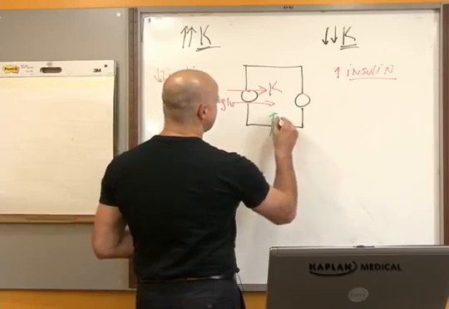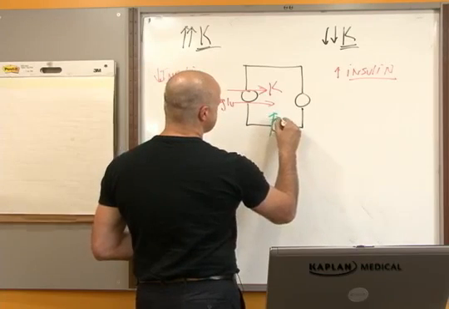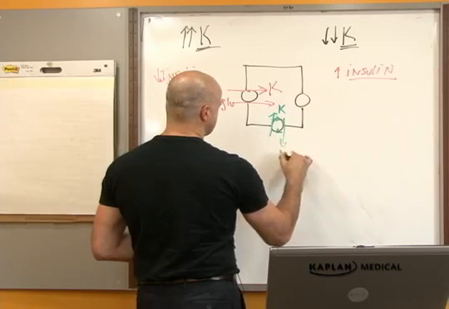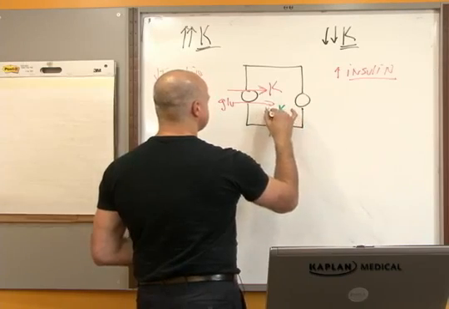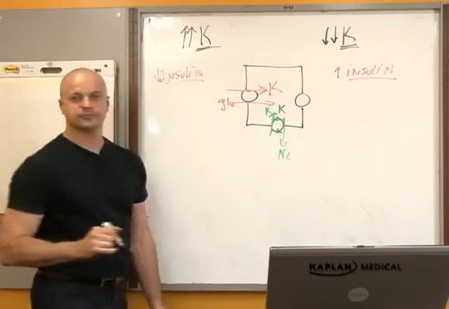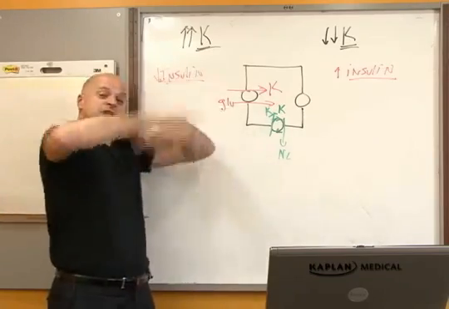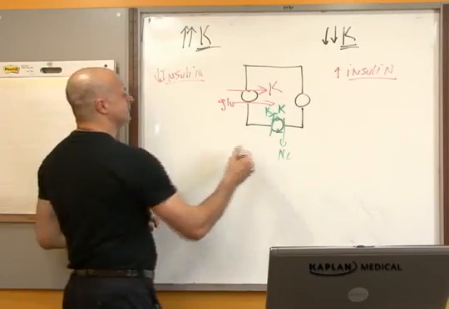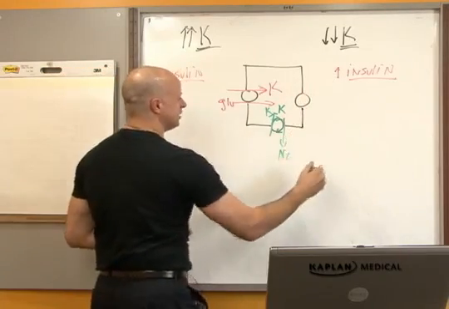Well, what we see here is the sodium-potassium ATPase drives potassium into the cells and takes the sodium out. So anything that makes that sodium-potassium ATPase work more will drive potassium into cells.